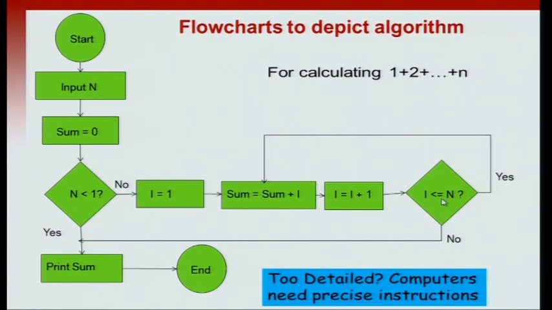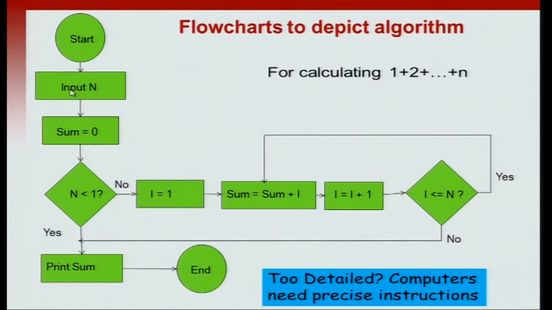So this is the finite number of instructions that I was talking about. There are certain conventions in drawing flowcharts. The start and the end are often described in circles. Then there are ordinary boxes, and then there are diamonds. I will shortly describe what they mean.